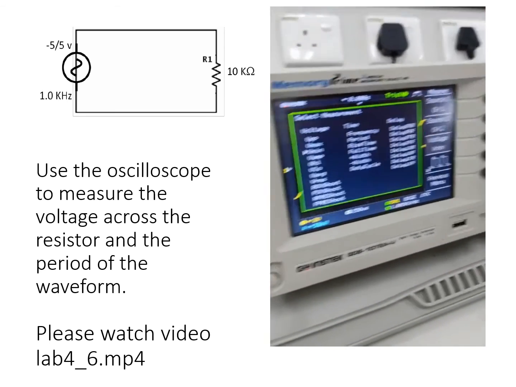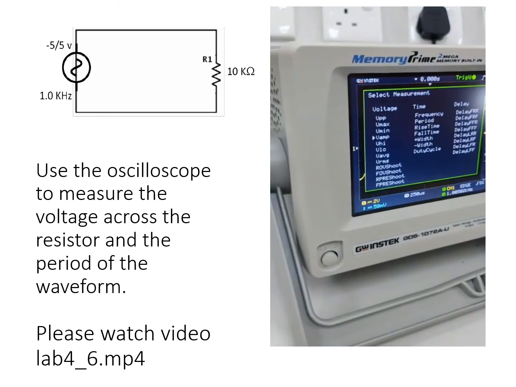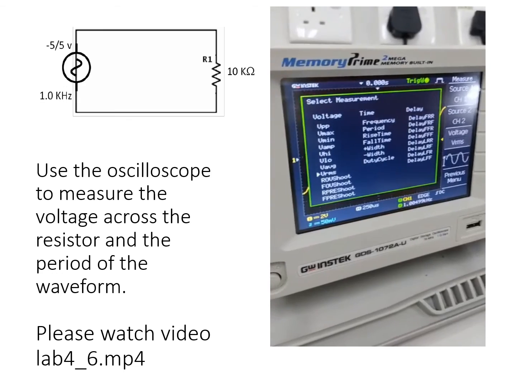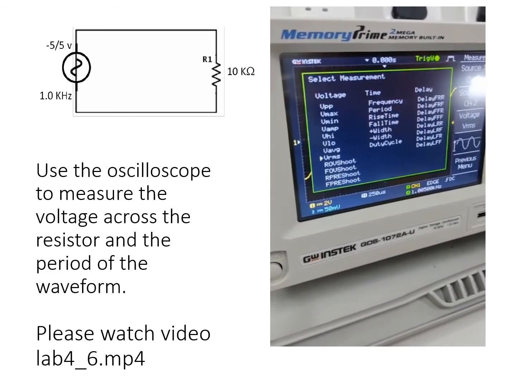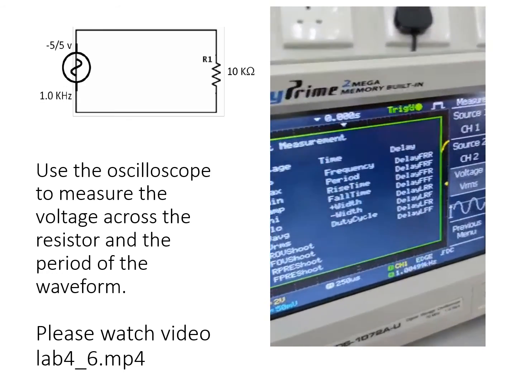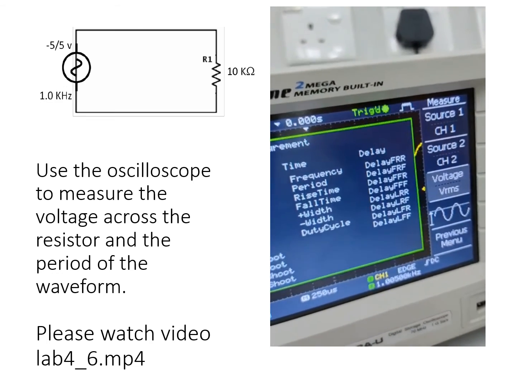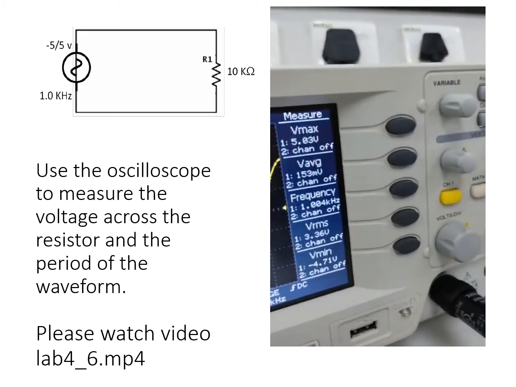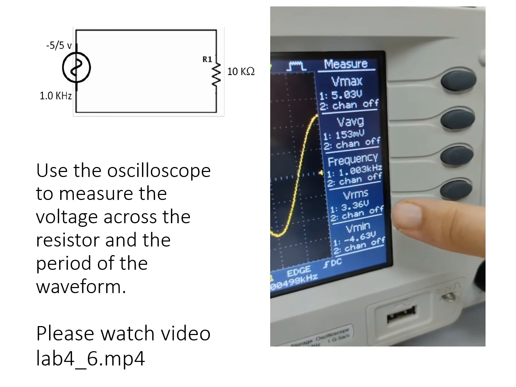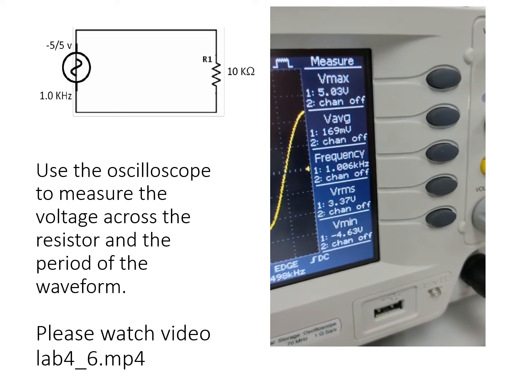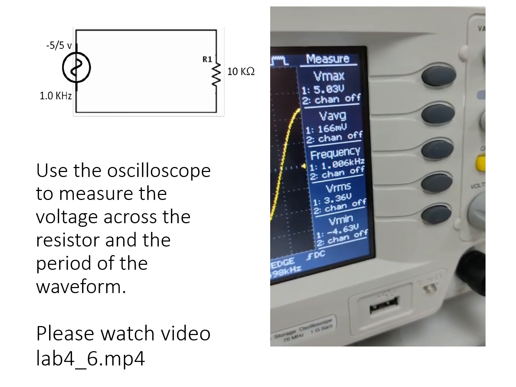Here is the variable, so we go to the VRMS. We can see the RMS voltage is about 3.36 volt. Thank you.